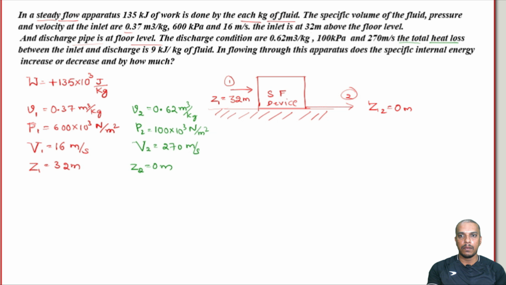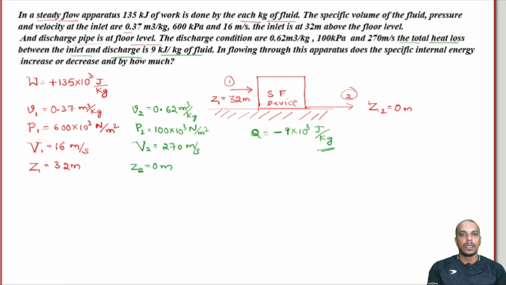Total heat loss between inlet and discharge is 9 kilojoule per kg of fluid. So, there is a heat loss. Now, whenever we talk about heat loss, it is minus, because heat loss from the working fluid is considered to be negative. So, minus 9 into 10 power 3 joule per kg.